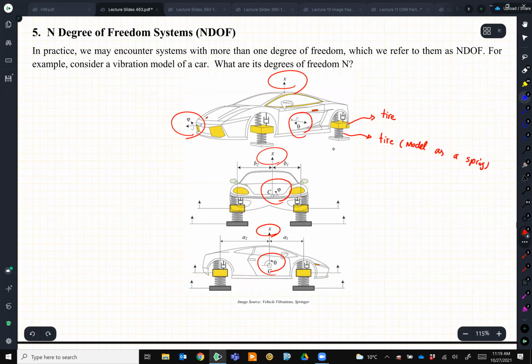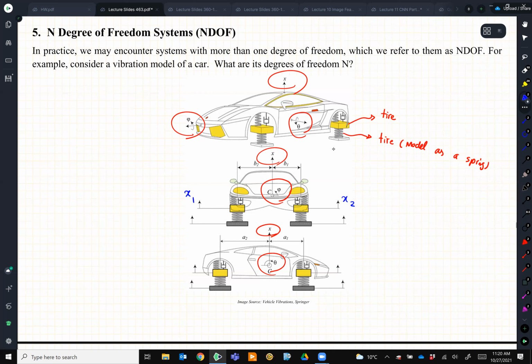For each of them, let's call this tire, for example, X1, X2, and so on. You have 2 others on the back.